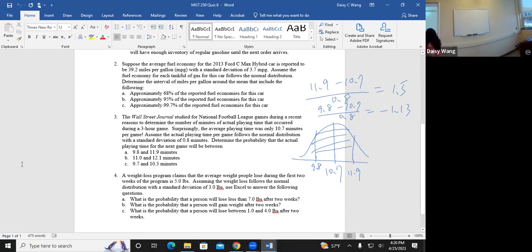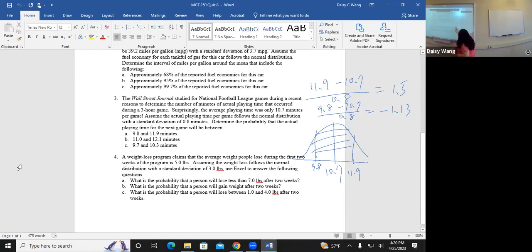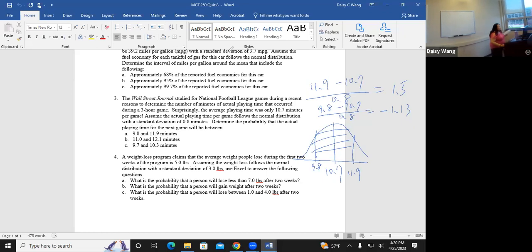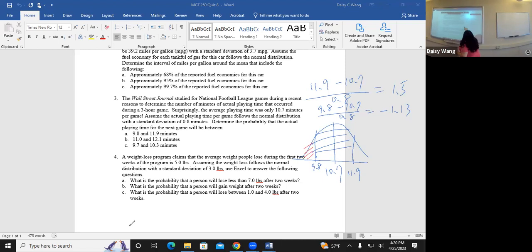It means this area is 0.1292, right? Yeah, 0.1292, this area.